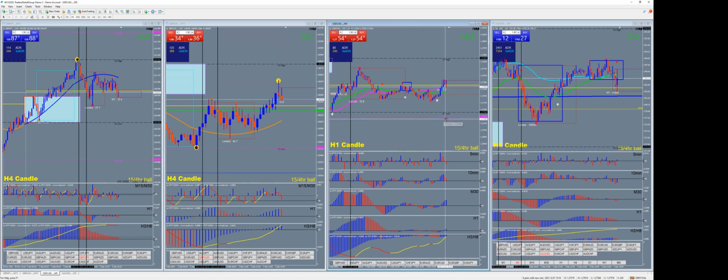Oh, not in sync. Okay. I should have closed it out early when that 2-ball came in. You see, when this 2-ball came in right away, then it's most likely that we're going to be in a range. It's going to be ranging for a minute before it breaks out, if it decides to break out to the top.